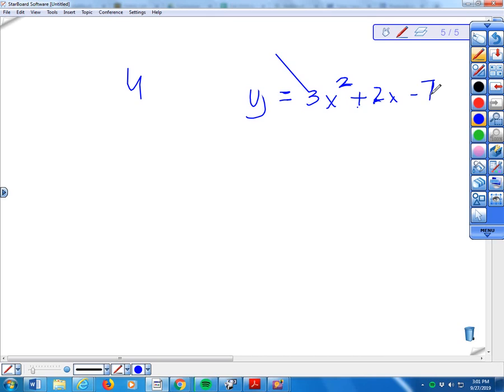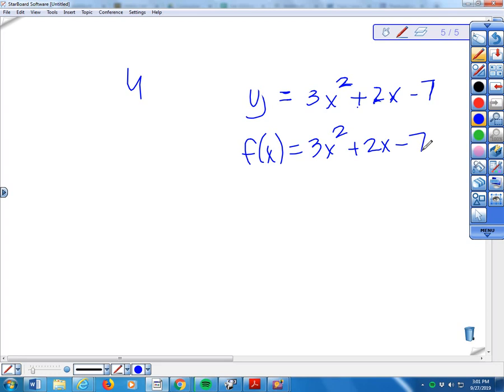Okay, if I'm given this equation, y equals 3x squared plus 2x minus 7, and I turn it into function notation, all I'm going to do is rewrite it like that. F of x and y are interchangeable.